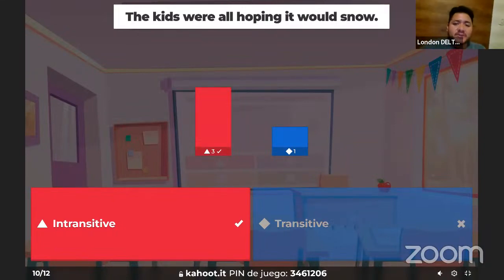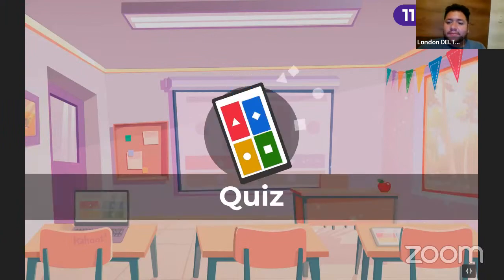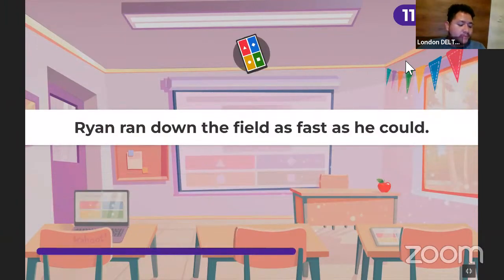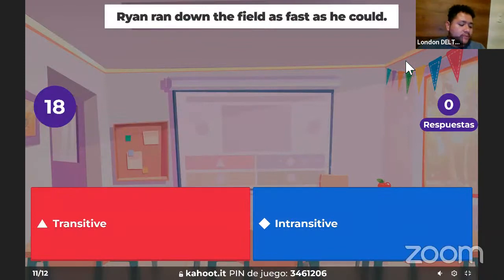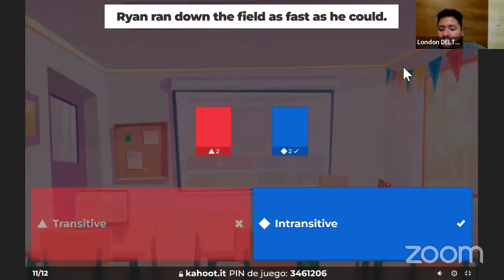Los niños estaban esperando que nevara. Exactly, is intransitive. Okay, Ryan ran down the field as fast as he could.